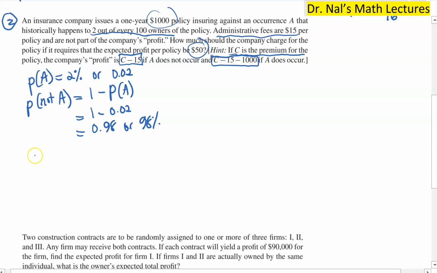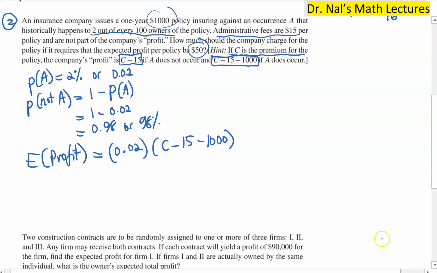So therefore, the expected profit is equal to what? With 2% chance, the bad occurrence will happen, the event A will happen, and that will cost the insurance company an additional $1,000, or with 98% chance, no additional cost.